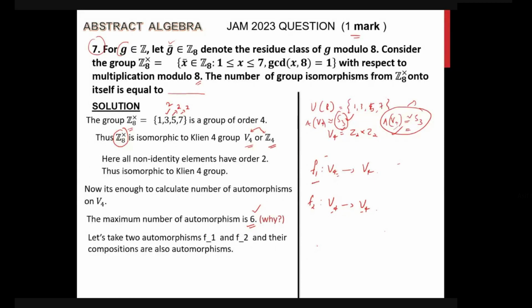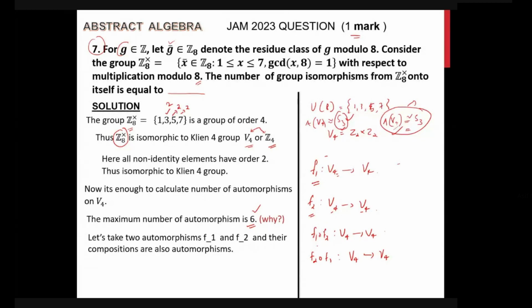You take F1, an automorphism from V4 to V4 other than identity, and F2 from V4 to V4. Then you find that F1 composition F2 is again an automorphism from V4 to V4, and also F2 composition F1.